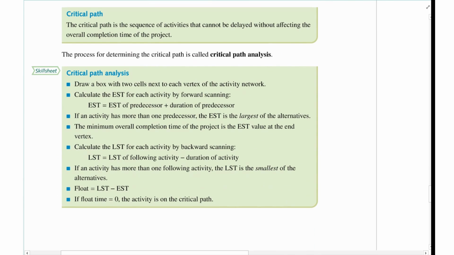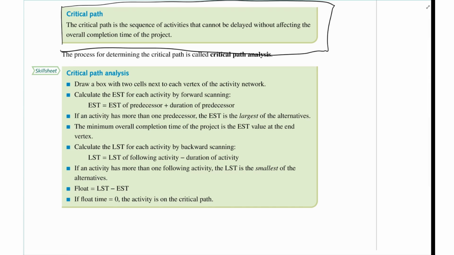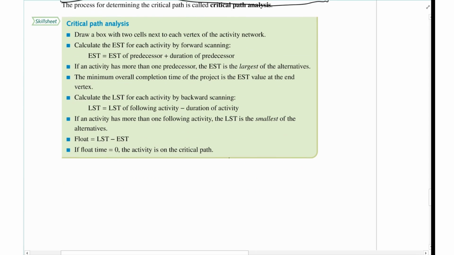Okay, and this is the important point here. I'm just going to circle it, highlight it like this. The critical path is a sequence of activities that cannot be delayed without affecting the overall completion time. We're going to go back up to what we did, and we'll look for that part where I cannot delay it. And this is a nice summary of this process. So how you get the float is your latest start time.